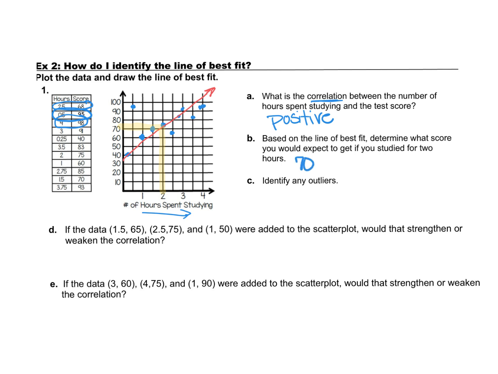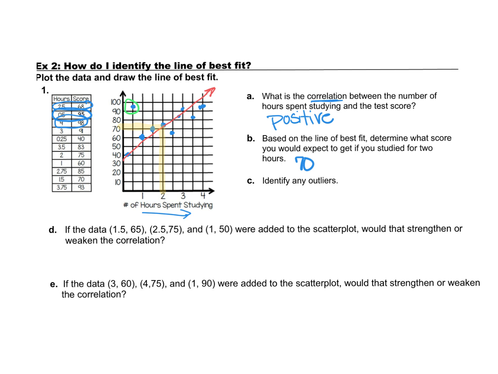And then it says to identify any outliers. You may have learned about the word outlier last year. The outlier is a piece of data that sets itself really far apart. It's either a lot bigger or a lot smaller than the rest of the data that you have. And so take a look right here. We've got this person that studied for half an hour and they scored a 95. Notice how it just sets itself apart, because the other people that scored in their 90s studied for about 4 hours.